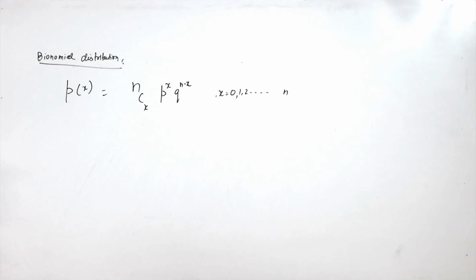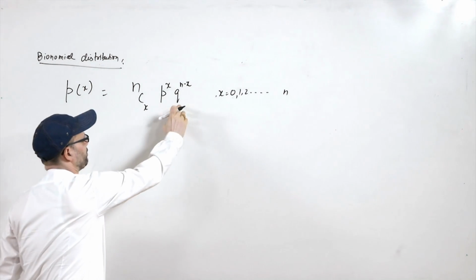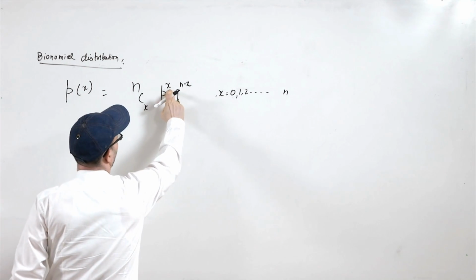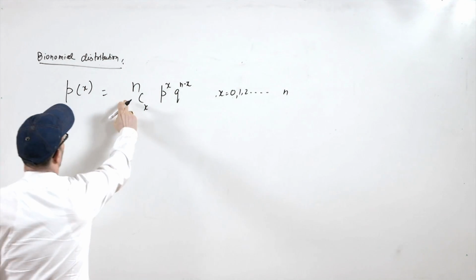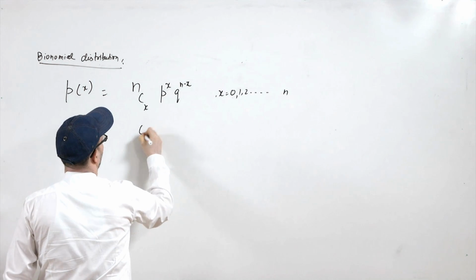What we discussed is you have p as the probability of success and q as the probability of failure, and if you want x number of successes, the probability will be nCx p raised to the power x and q raised to the power n minus x, and it will be 0 otherwise.